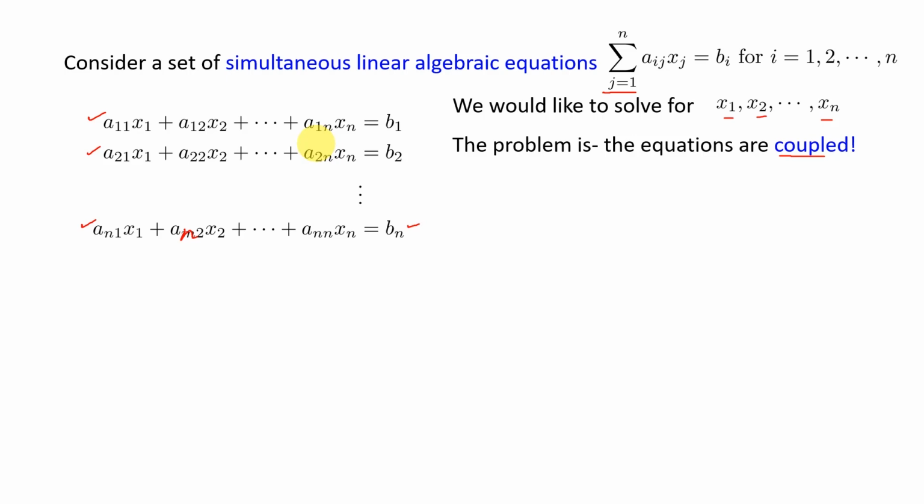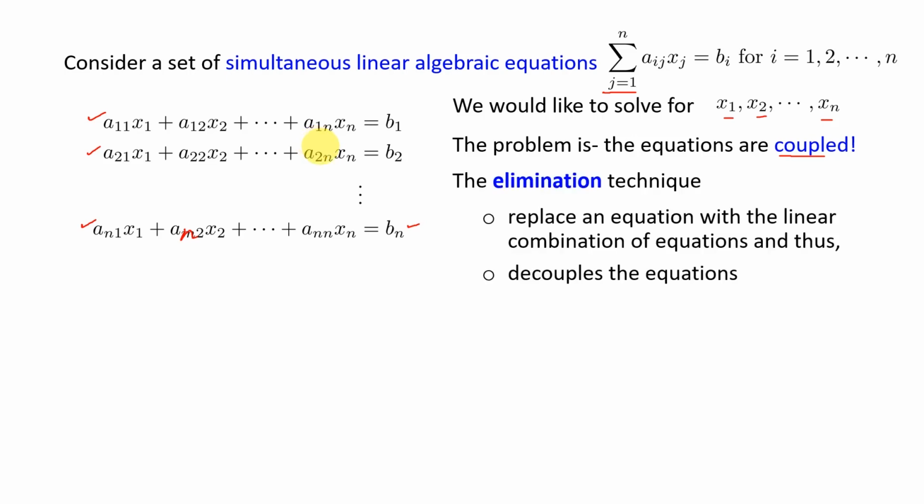So essentially, for any method that we use, the goal is to decouple. Here we will talk about the elimination technique, Gaussian elimination in particular, where the primary idea is to replace an equation with a linear combination of several equations, and this will decouple the equations.